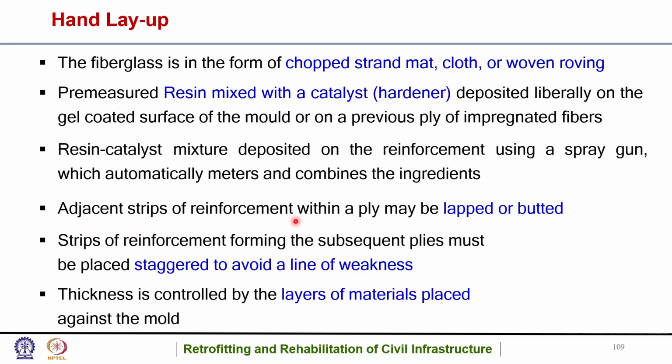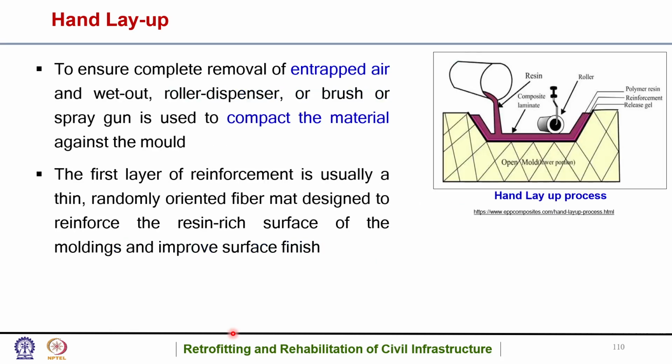Adjacent strips of reinforcement within a ply may be lapped or butted, and the strips of reinforcement forming the subsequent plies must be placed staggered to avoid a line of weakness, and the thickness is controlled by the layers of materials placed against the mold. Okay, so that is hand layup.